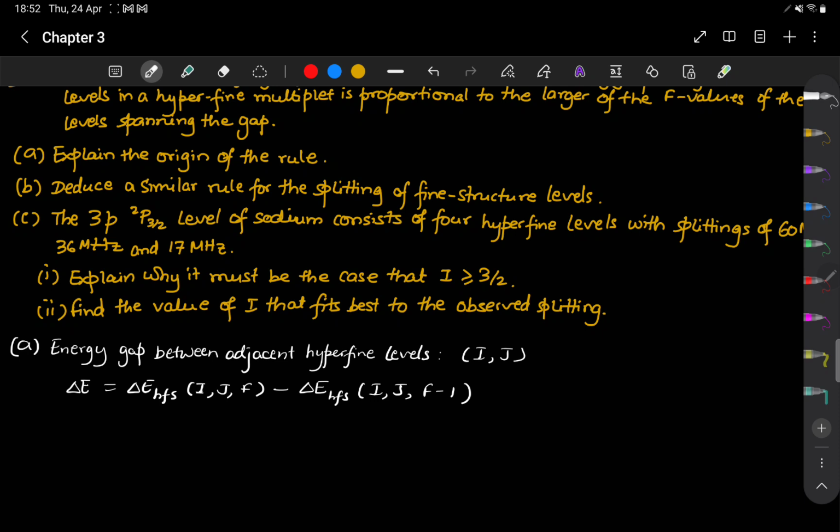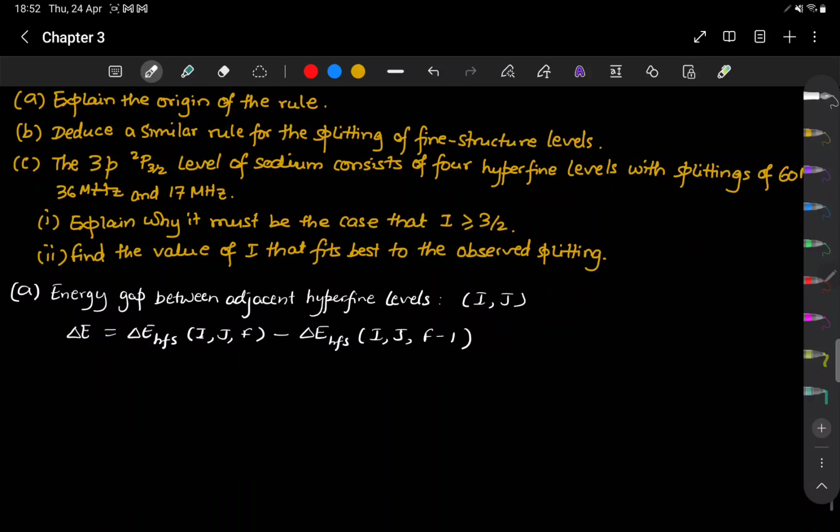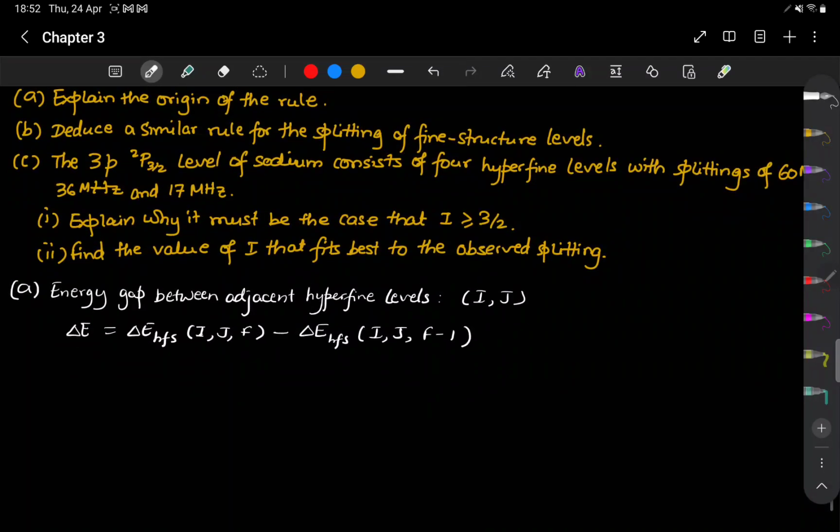F, as you know, takes integer values from mod of j minus I to mod of j plus I. So if one value for F is there, then the next lower value of F would be F minus 1, because integer values are taken in step sizes of 1. So this is what we need to find out.